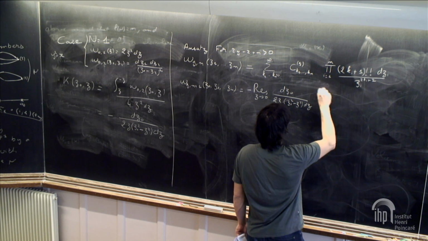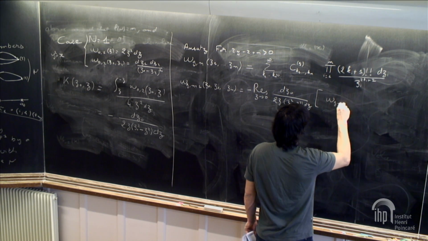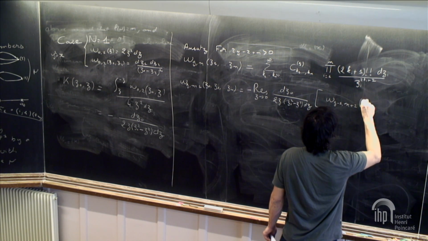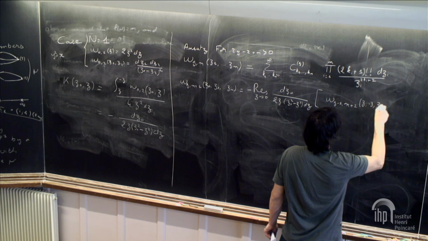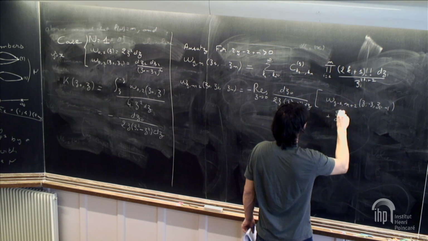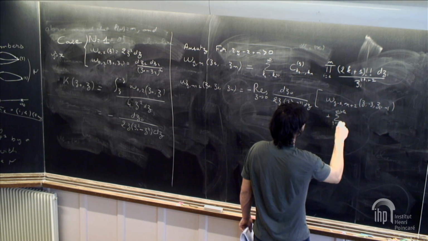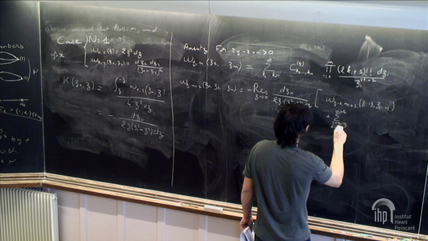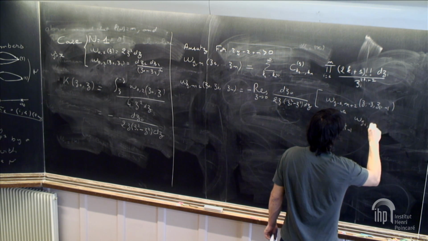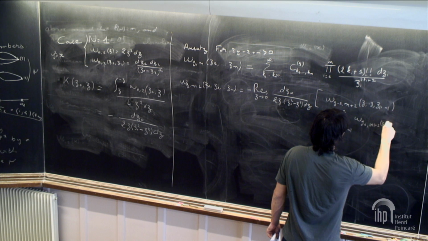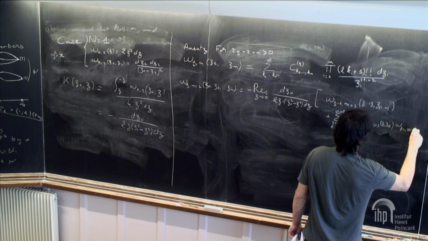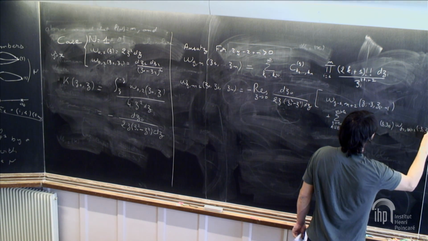And now I've got the usual omega g minus 1 n plus 2 of z, minus c, c1 to n, plus some of our stable terms, g1 plus g2 equals g, ab is equal to 1 to n, omega g1 a plus 1 of z, ca, omega g2 b plus 1 of minus c, cb.